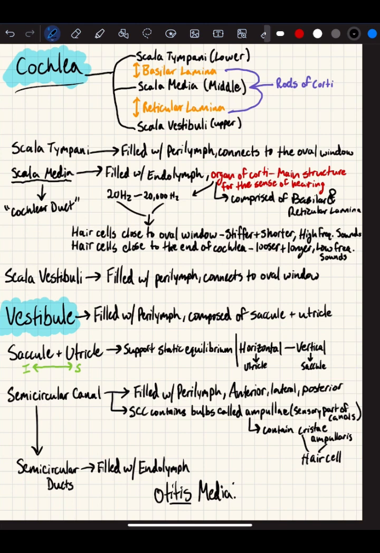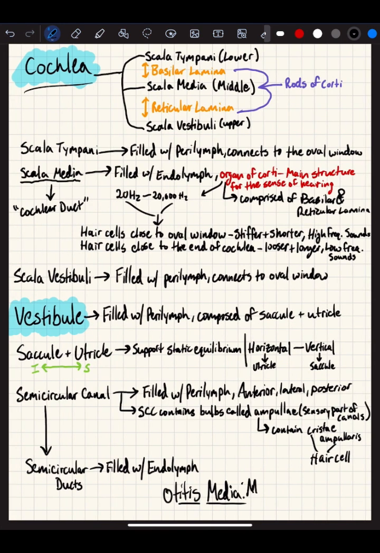So, otitis media, the media part, it's an ear infection. What part? It's a middle ear infection. It's inflammatory.